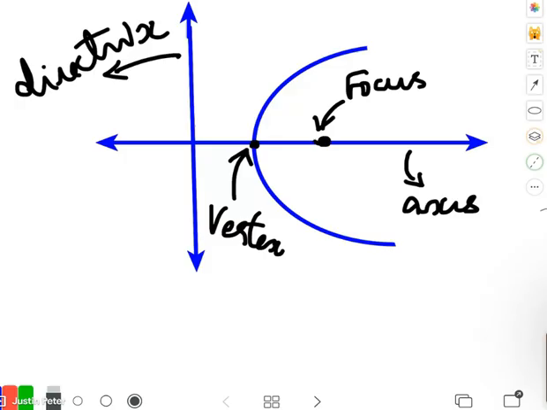Yes, sir. Now, the focus point F, the coordinates of that will be, this is the axis, x-axis. So what will be the y coordinate of it?